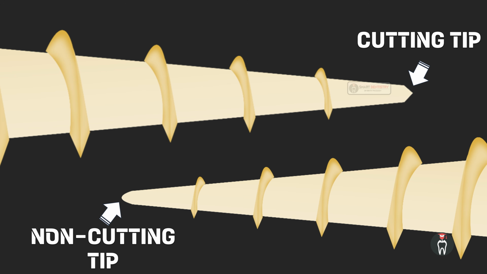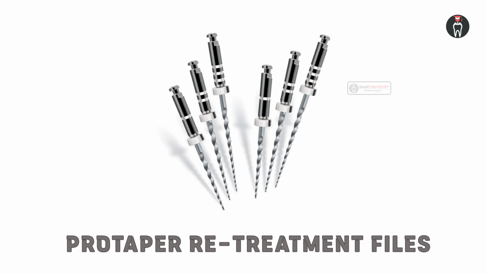Most files which are used for cleaning and shaping in endodontics come with a non-cutting tip. But it is a habit for some people to use the retreatment files for cleaning and shaping. Retreatment files always come with a cutting tip. So it is better to avoid any retreatment file for cleaning and shaping or regular canal preparation.